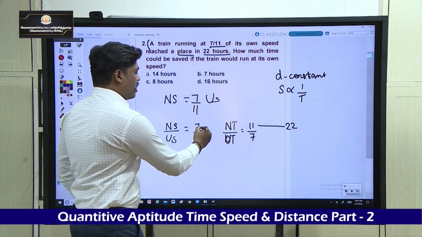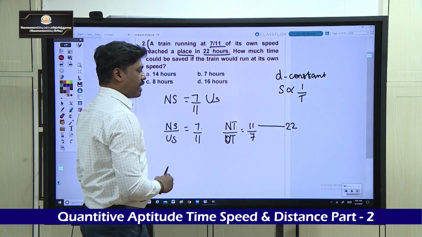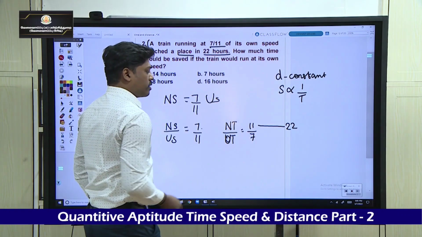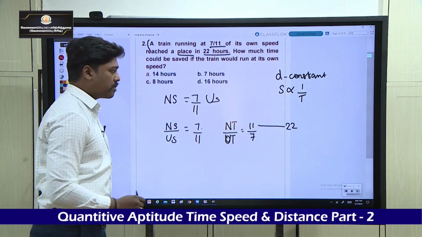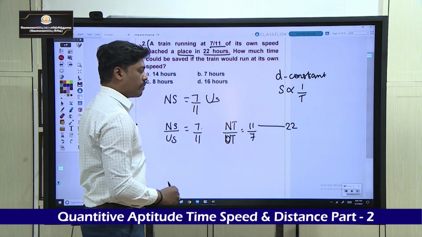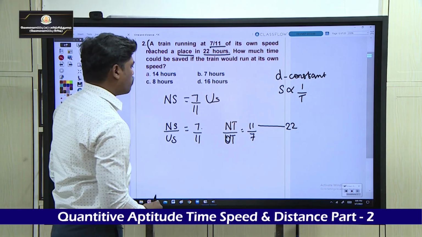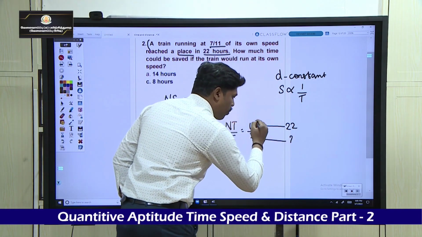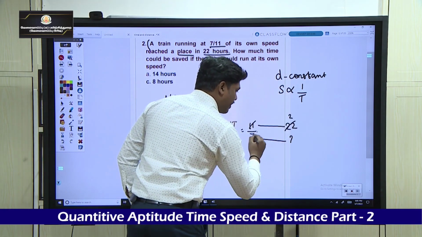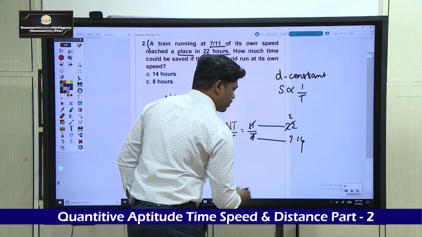With the speed of 7, it has reached in 22 hours. So look at the timing here. New time by usual time. So 11 parts is 22. Then what about 7 parts? So here 1 part is 2. So 7 parts means 14.